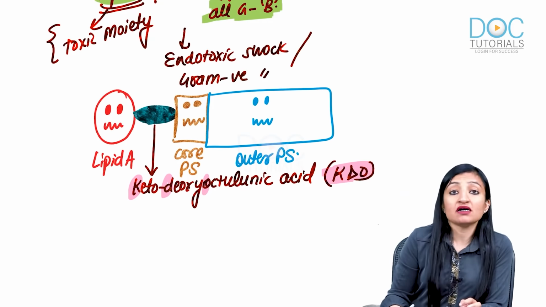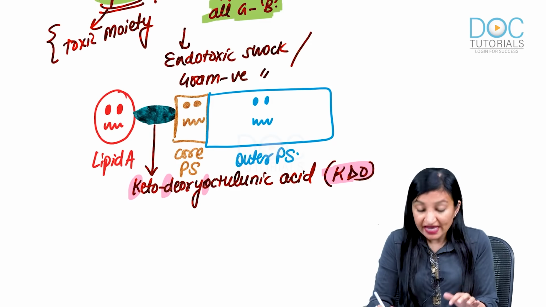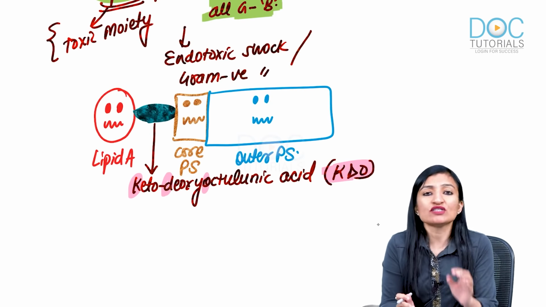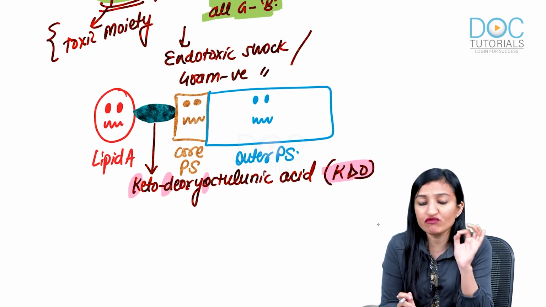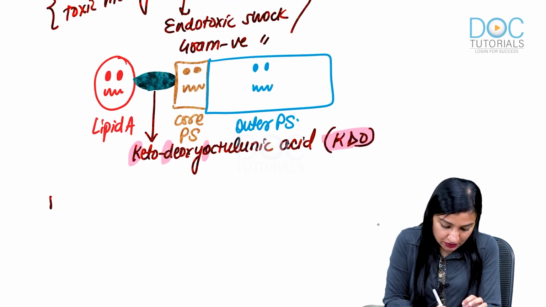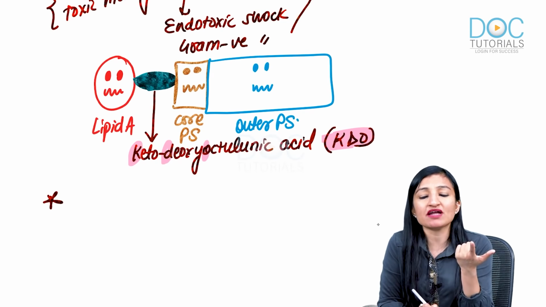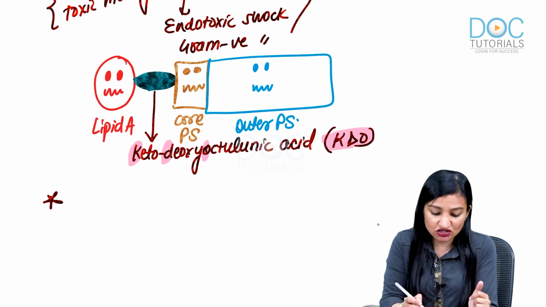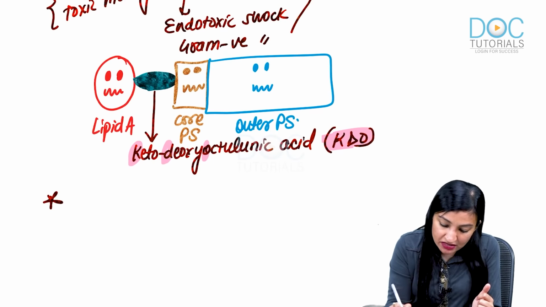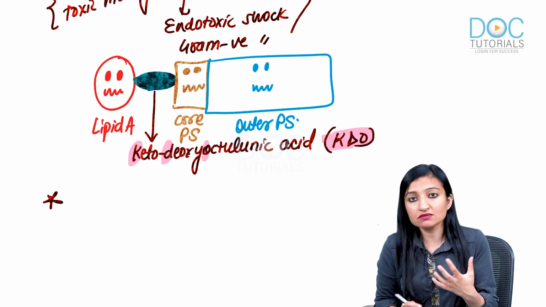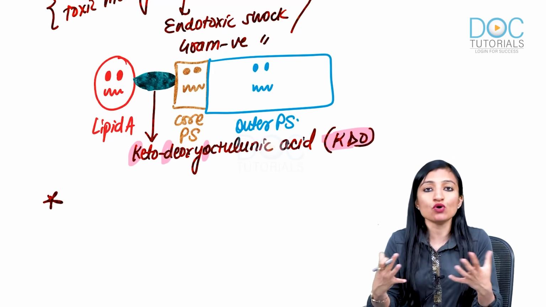Now guys, as I mentioned, LPS or endotoxin is present in the outer membrane of gram negative organisms. Now there's an exception to this important fact. What is that exception? There's one gram positive organism which, despite being gram positive, has got endotoxin in its structure. And what is its name? Remember, we already have discussed gram stain, and gram positive organisms appear positively blue on gram stain.